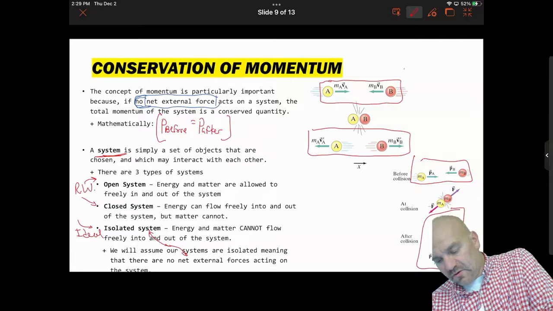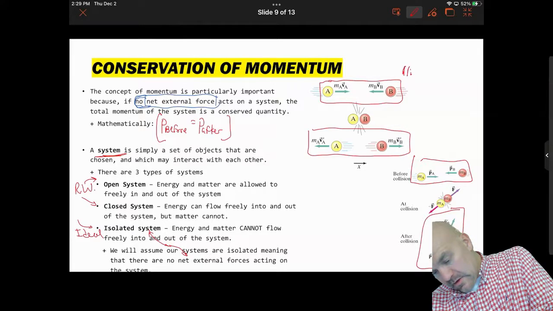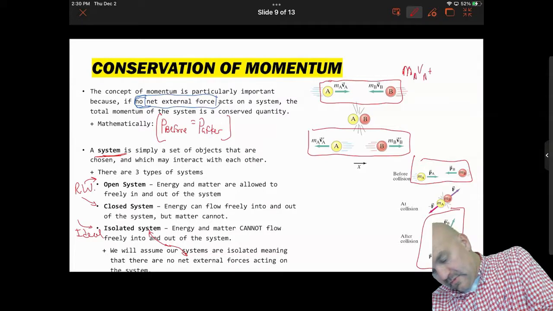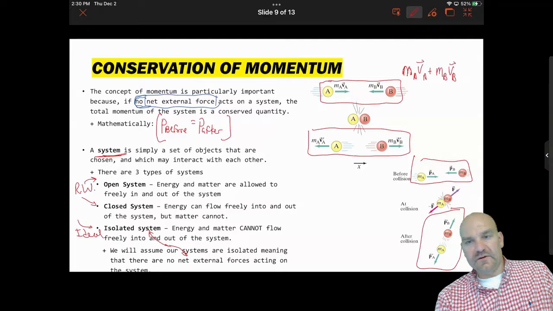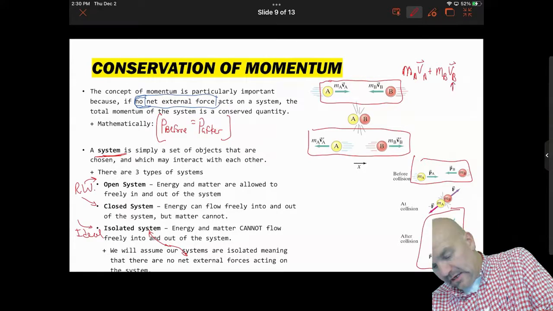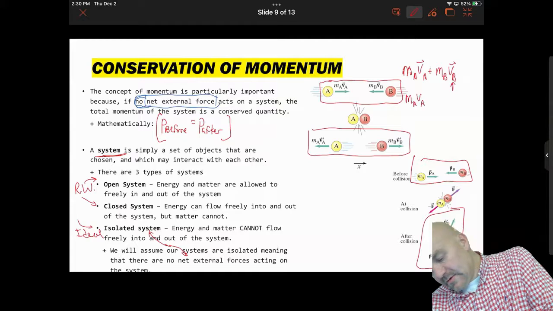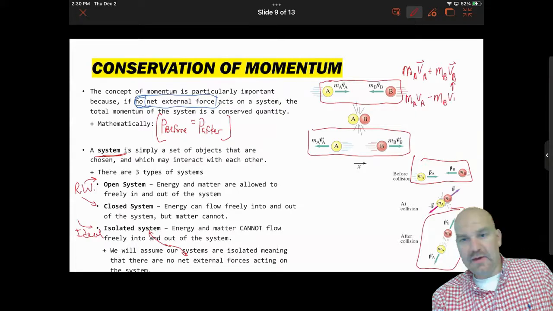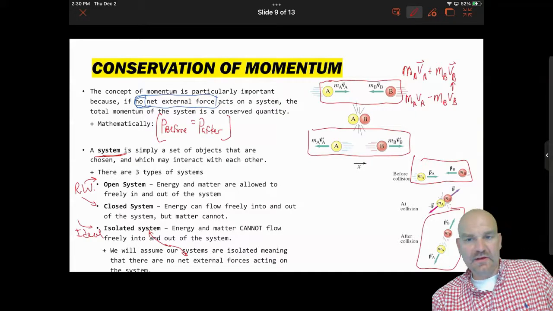So like if I was to do my total momentum before, I would have MAVA plus MBVB, right? So these are vectors. So technically this would be a negative. So, if I'm just looking at magnitudes, I would have MAVA minus MBVB.